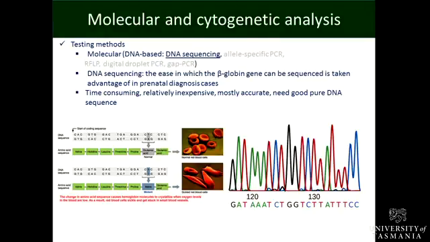Or if it's a new mutation that hasn't been found before, you can then translate that out into protein in silico in the computer to see if it changes amino acid structure or whether or not that mutation will be deleterious to the cell.